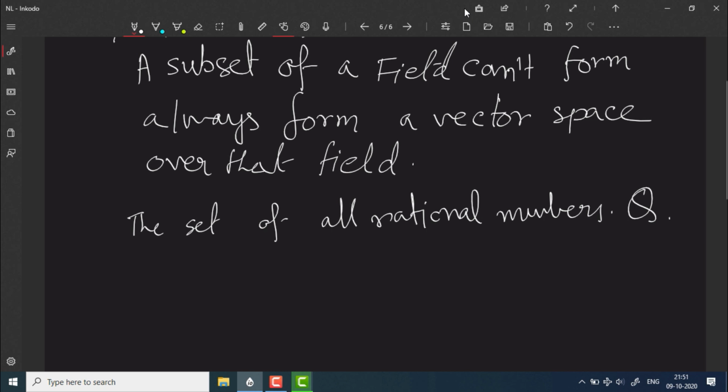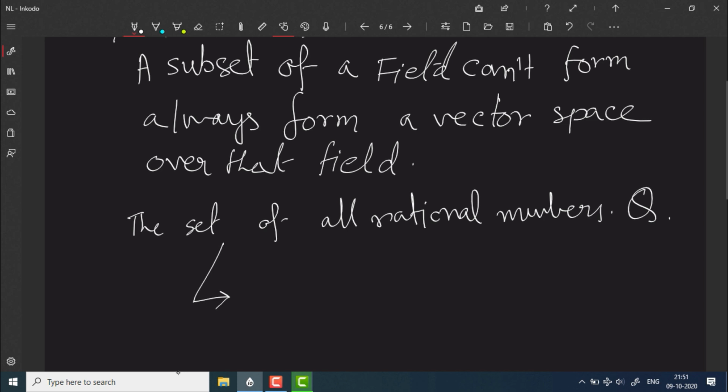What I am trying to say is that you have Q. In the set of all rational numbers, it complies with the requirements for the operation related to addition.